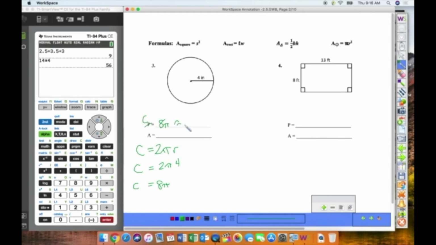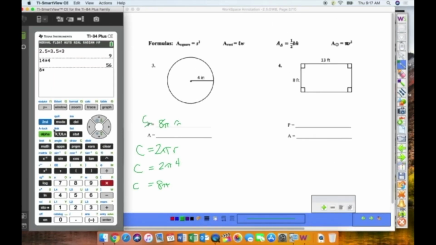And I like to also approximate that so we kind of realize how much pi is. Remember, pi is about 3.14, but that's old elementary school, I should say middle school technology. We are going to actually take it times pi. So to take it times pi, the pi key, if you remember, is right here on my calculator. If you're not sure where your pi key is, let me know and I can help you with that.